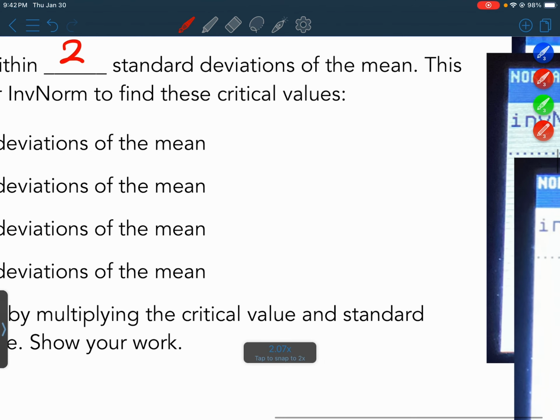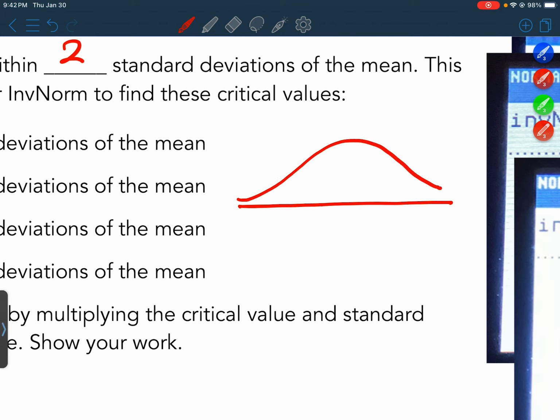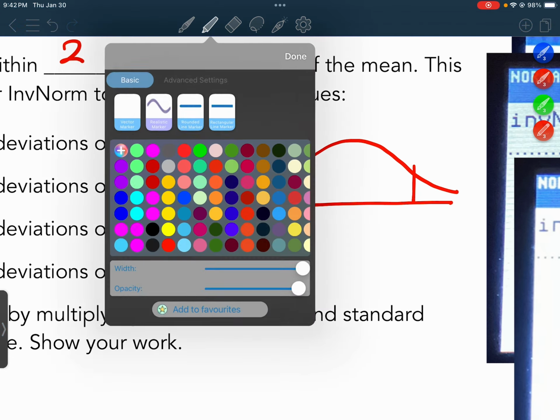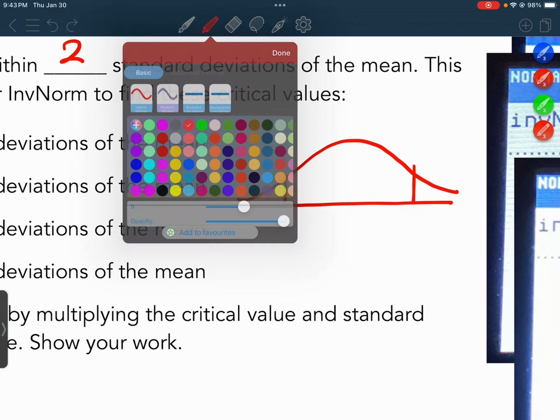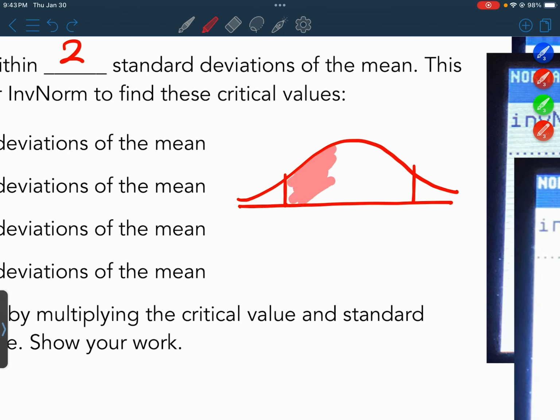So let's sketch a picture here. We're saying that we want 80% in the center here.